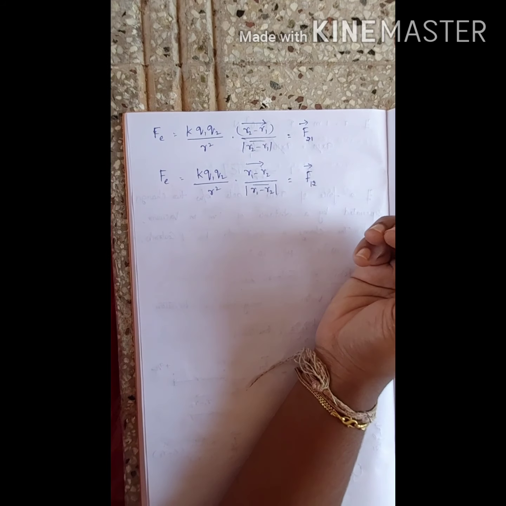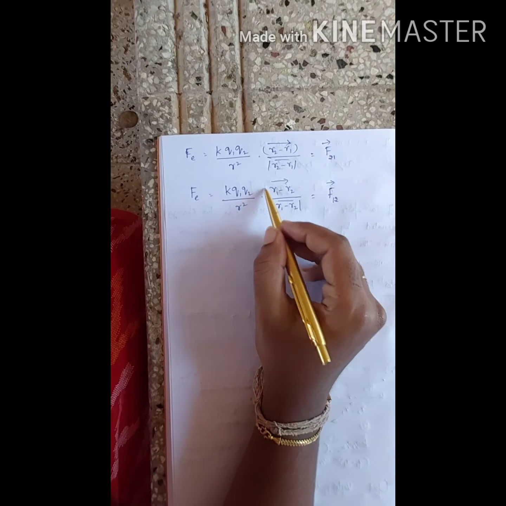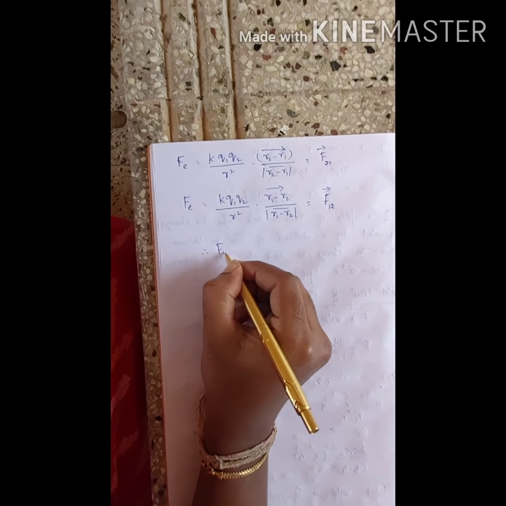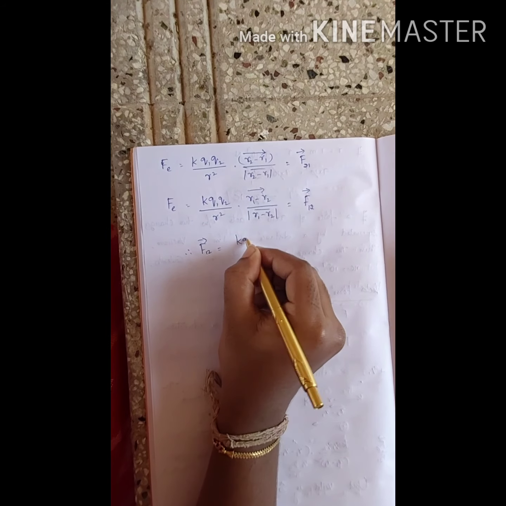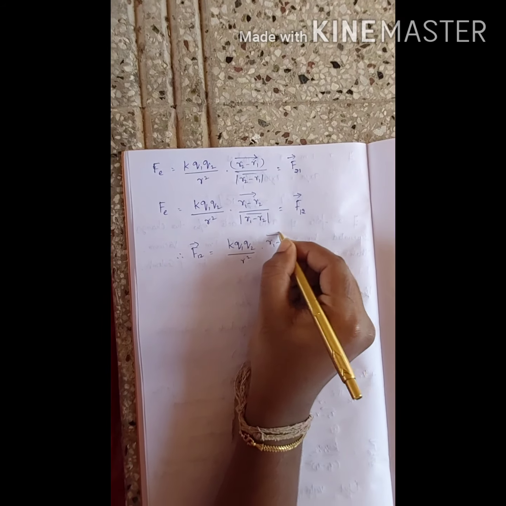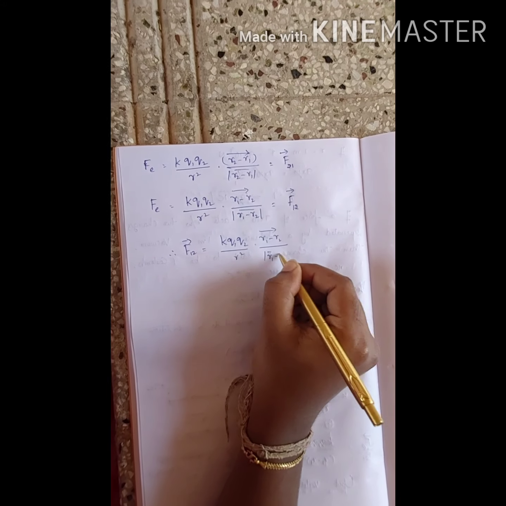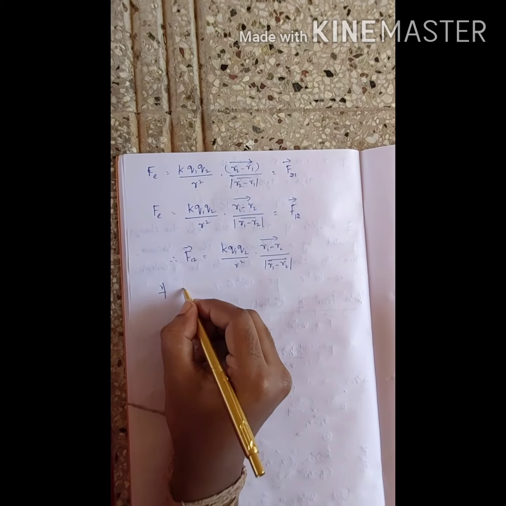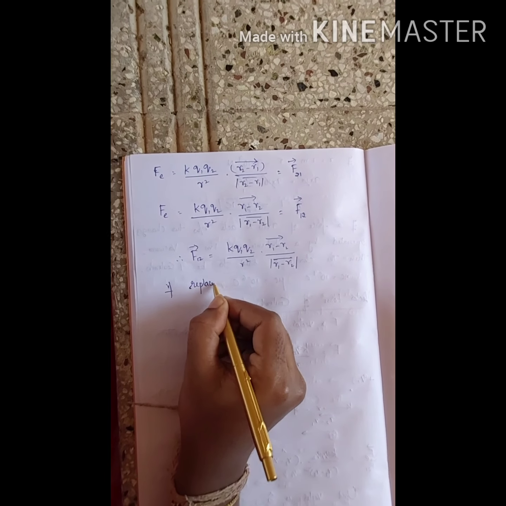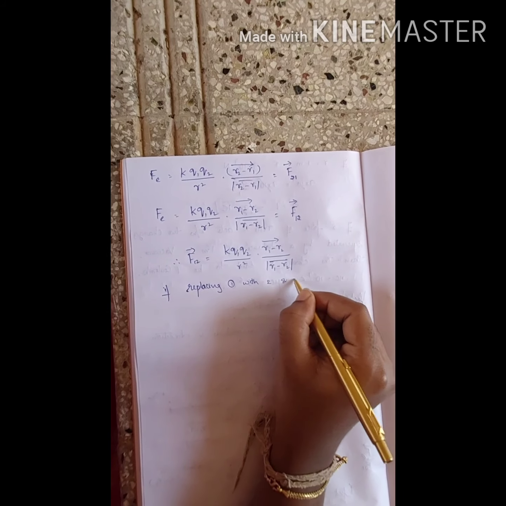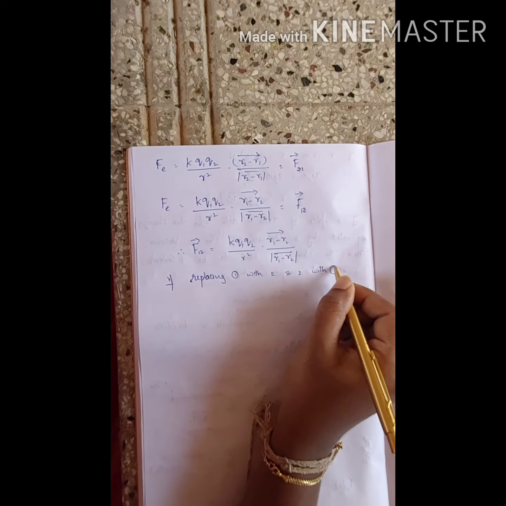Able to understand this? Now if I just replace, let's take this equation. If I just replace 1 with 2, what do I get? F12 bar, R2 bar by mod of R1 bar minus R2 bar. Replacing 1 with 2 and 2 with 1, what will we get?